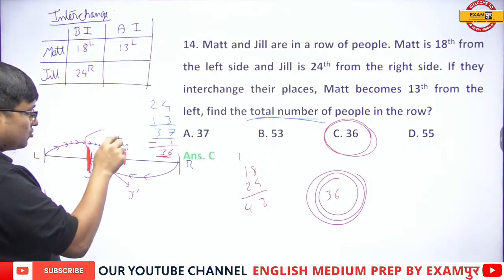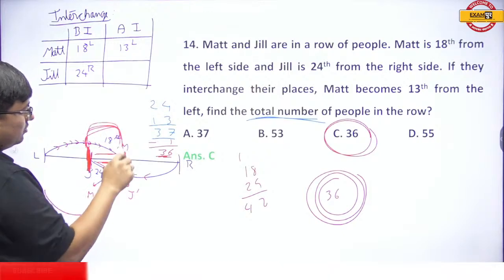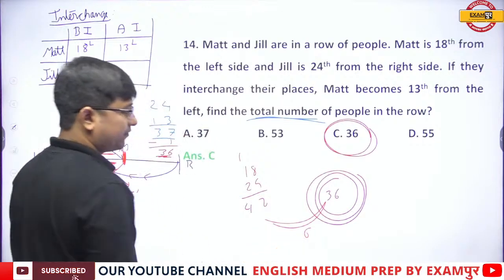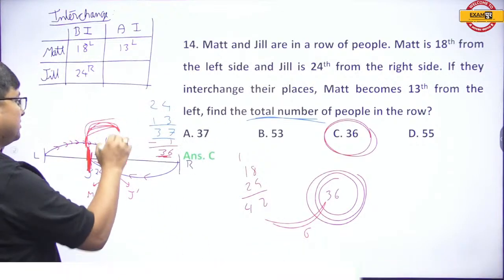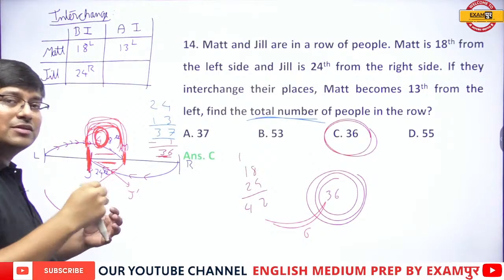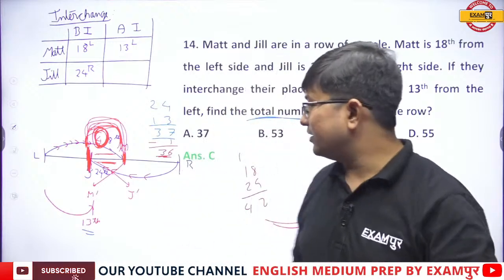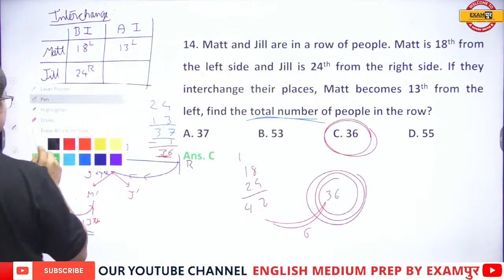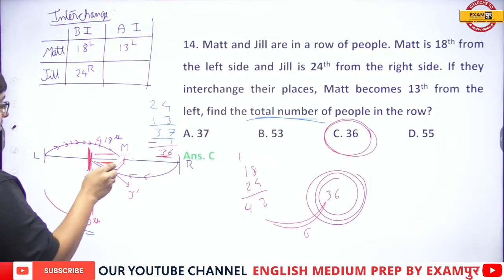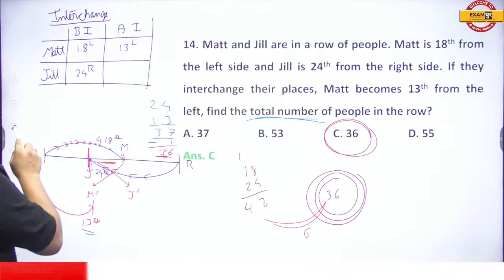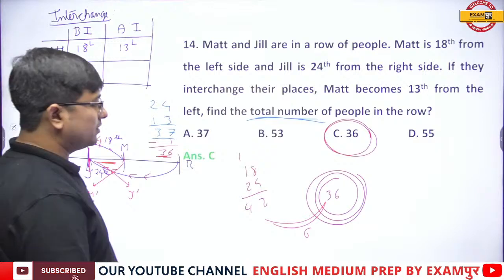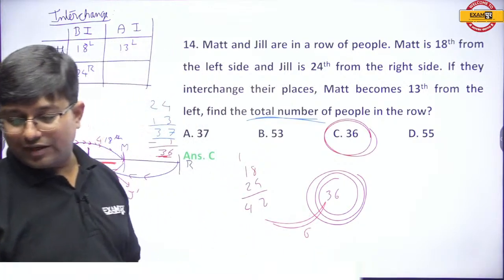So I am counting these two persons twice. So 2 is subtracted. The difference between them is 6. The 4 persons in between them are being counted again and again, along with these 2 persons. So the number of persons between them is 6. I hope it is very clear.